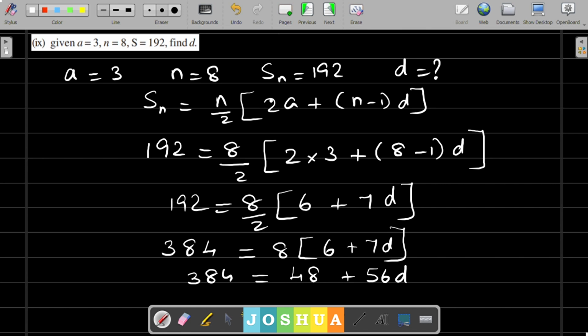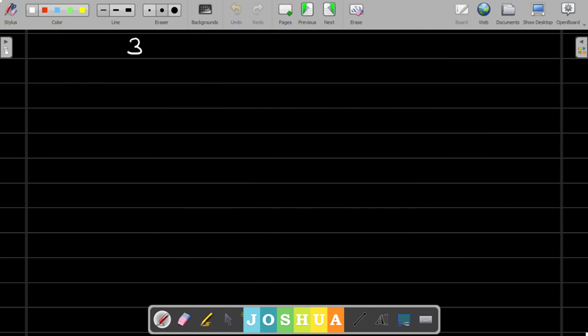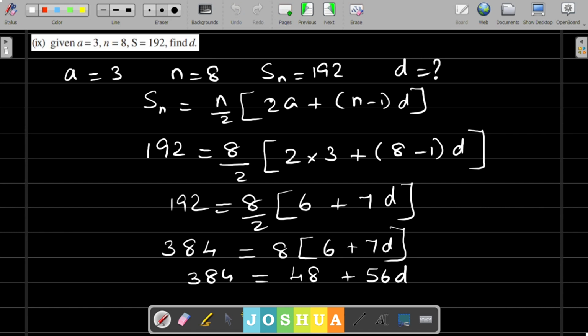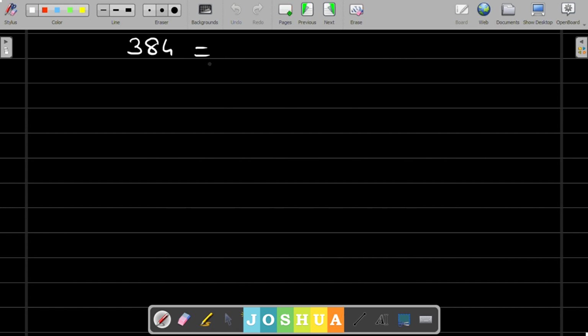So after that we will change one. So 384 is equal to 48 plus 56d. Bring the 48 to the other side. So 384 minus 48 is equal to 56d.